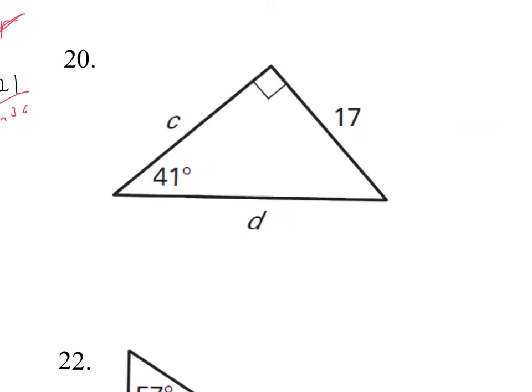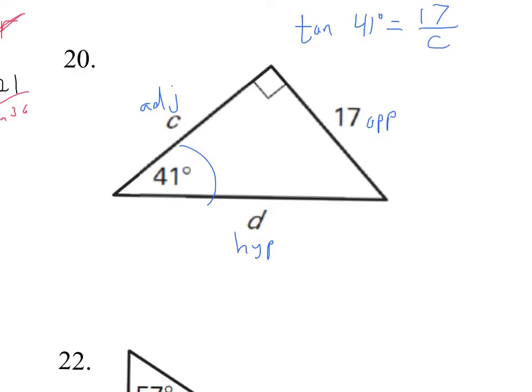Number 20. All right, we have a C and a D, and we're going to look at this from 41 degrees point of view. So D would be the hypotenuse, 17 is the opposite, and C is the adjacent. All right, so I'm going to start off by looking at the adjacent and the opposite. And which function is adjacent and opposite? That would be tangent. So I'll do tangent 41 degrees equals opposite, which is 17, over adjacent, which is C. All right, here we go.